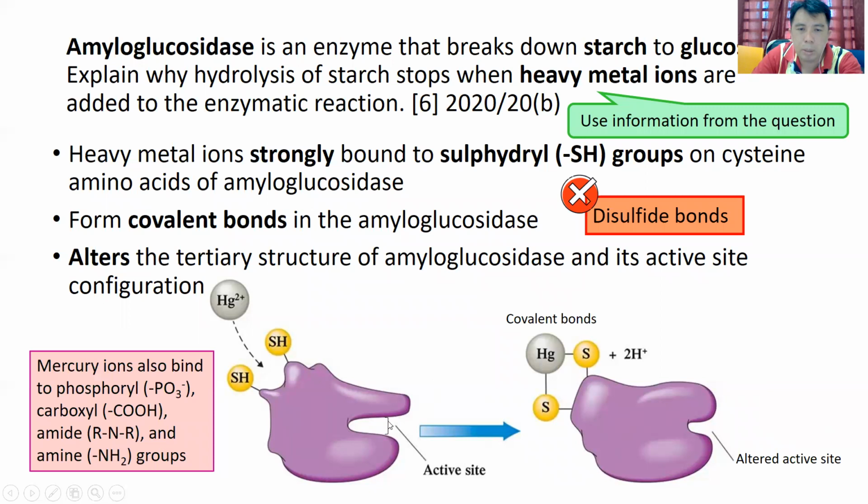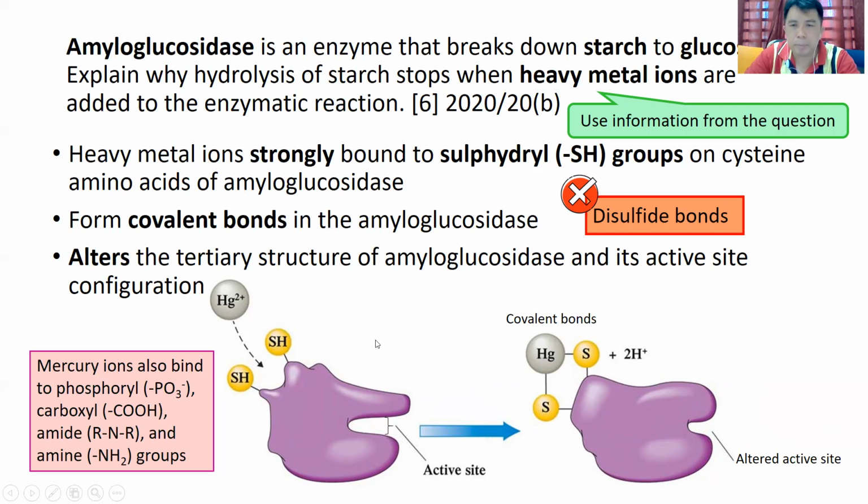They seldom bind to the active site. In research, the research shows that most of the heavy metal ions, especially these mercury ions, and also other heavy metal ions, they mostly bind to the sulfur groups.